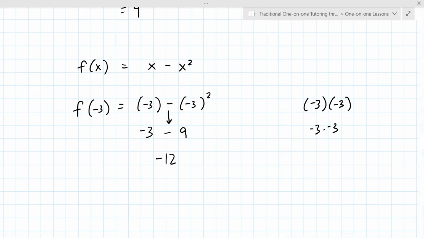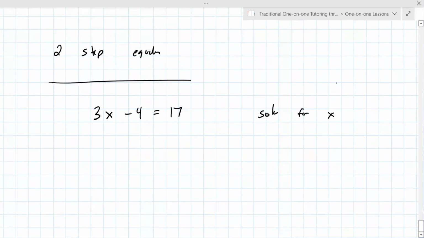Okay, so we have some time left here. Let's do some what are called two-step equations. We're kind of doing them with the literal equations, but these are going to have numbers in them. So let me throw a couple at you here. Let's go 3x minus 4 equals 17. You want to solve for x. So you're going to get a number this time.